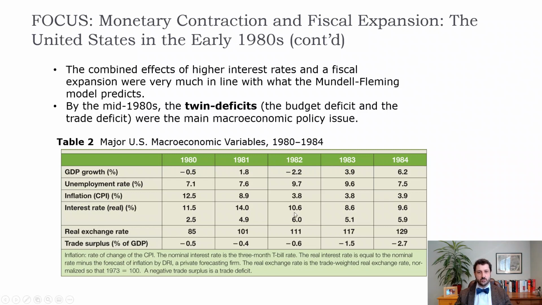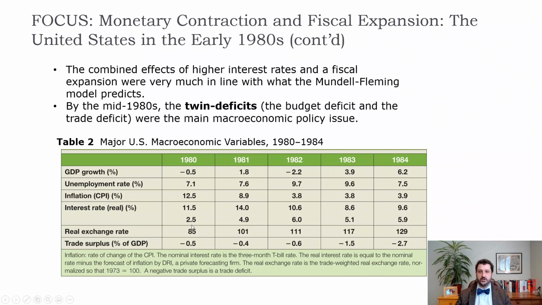We had this recession, right, with a high unemployment rate of 9.7% in 1982, that we're starting to recover from in 1984. Interest rates were really high, right? So that's our shift up in the LM curve. So what happened? We saw an appreciation in both the nominal and the real exchange rate.